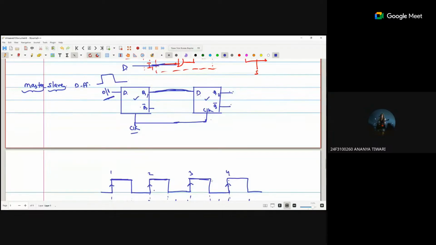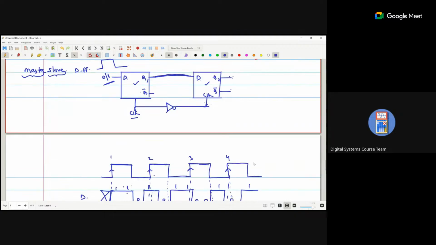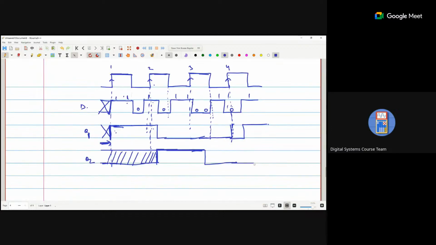Yes, sir. To avoid this condition, what we do is just one change: we apply a negative clock. Now, if we apply the negative clock, what is the effect of that?